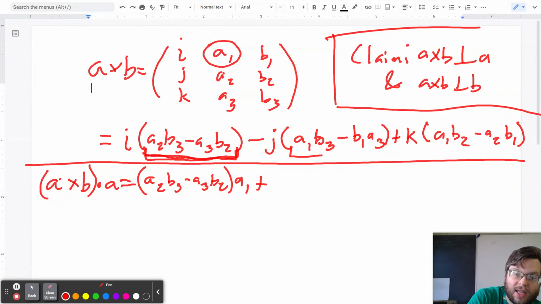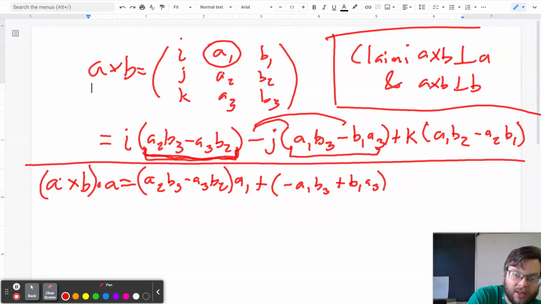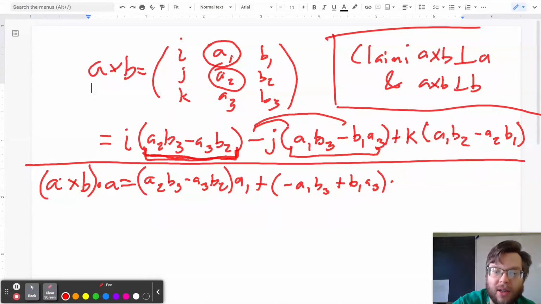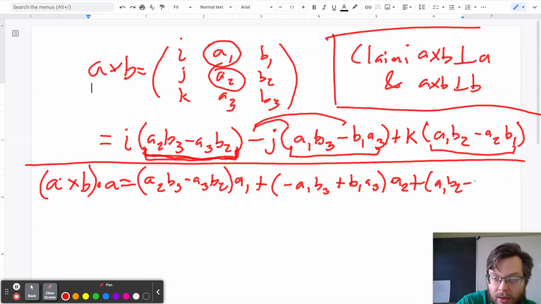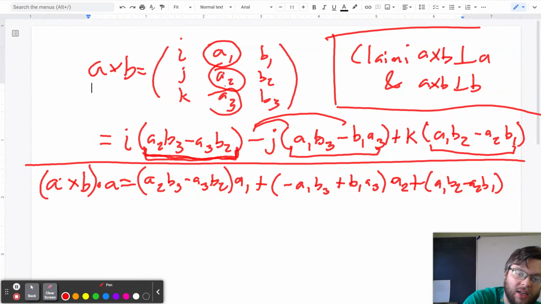I'm going to take this, except I'm going to apply the negative. So if I apply the negative, it's going to look like this: negative A1B3 and positive B1A3 times the y value of A. Then I have the z value of the cross product times the z value of A.